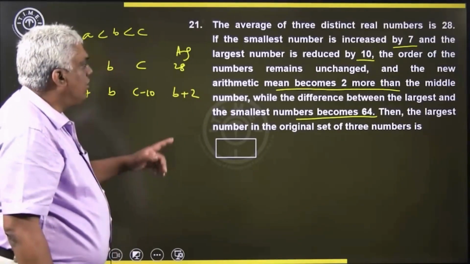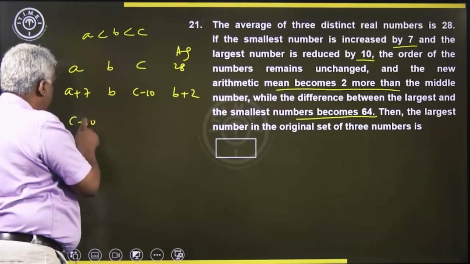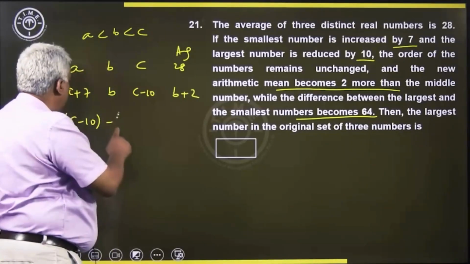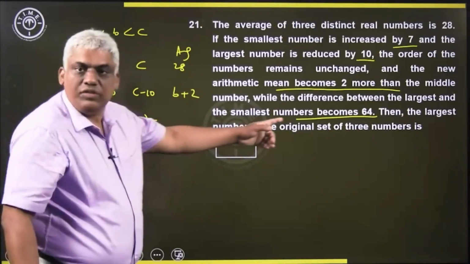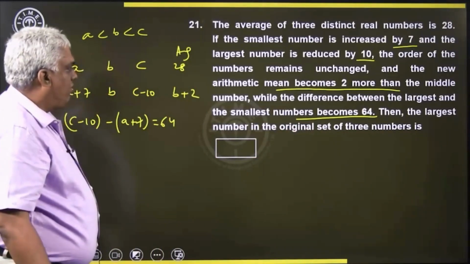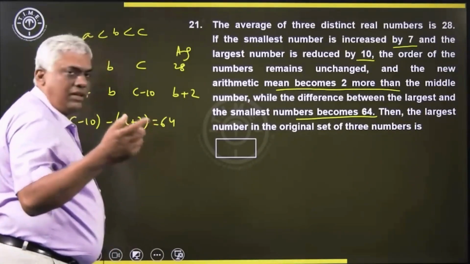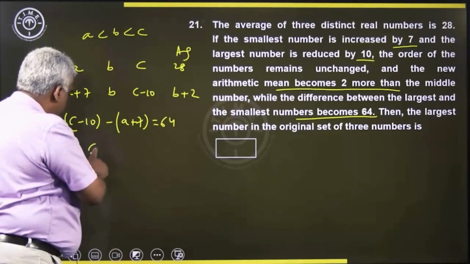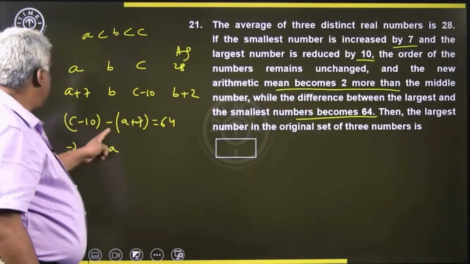Then the difference between the largest number, C minus 10, and the smallest number, A plus 7, becomes 64. So basically we have three variables, and we can frame some equations.